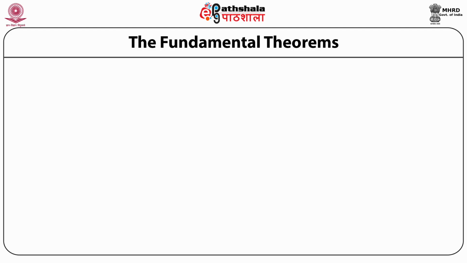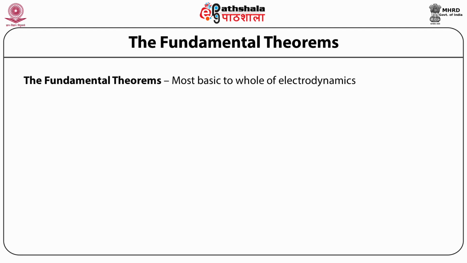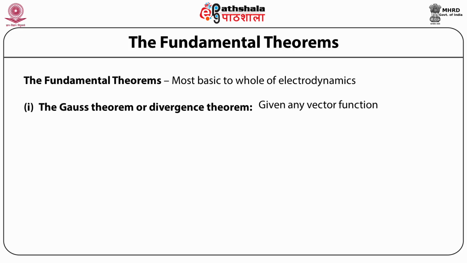The fundamental theorems. Now let us discuss some of the fundamental theorems which we will be using throughout our discussion of electrodynamics. The first of these is Gauss's theorem, also called Gauss's divergence theorem.